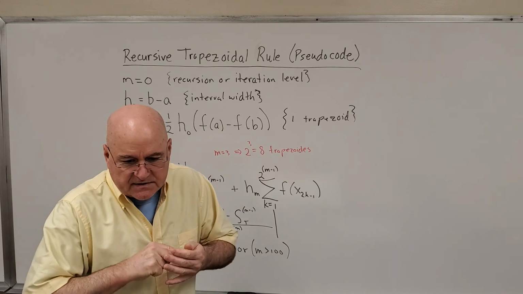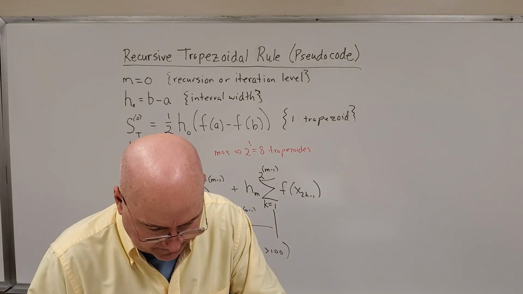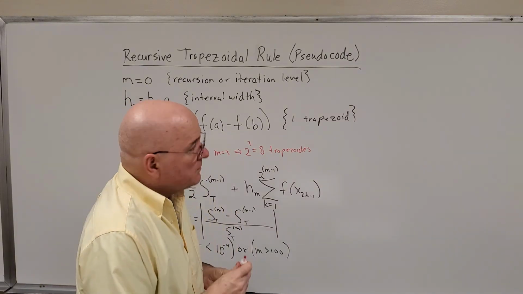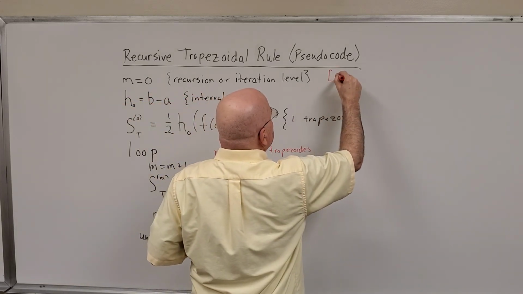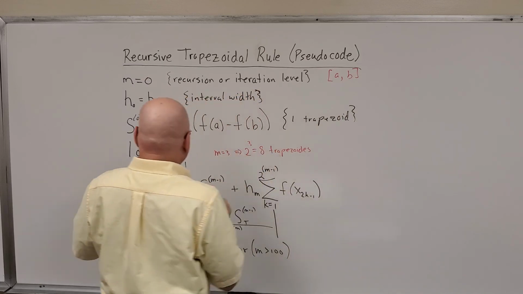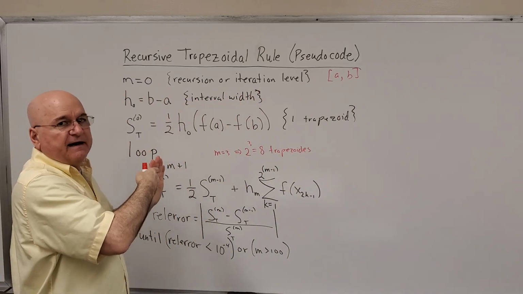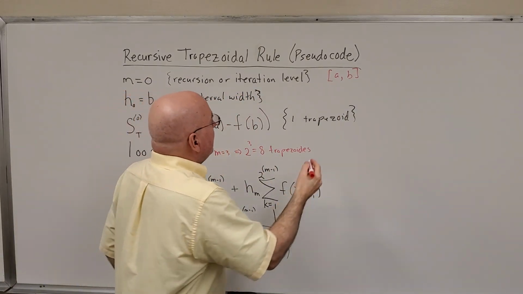Let's see, just as a reminder, we're going from the interval from A to B, right? So we've got a function, A is the left endpoint, B is the right endpoint.